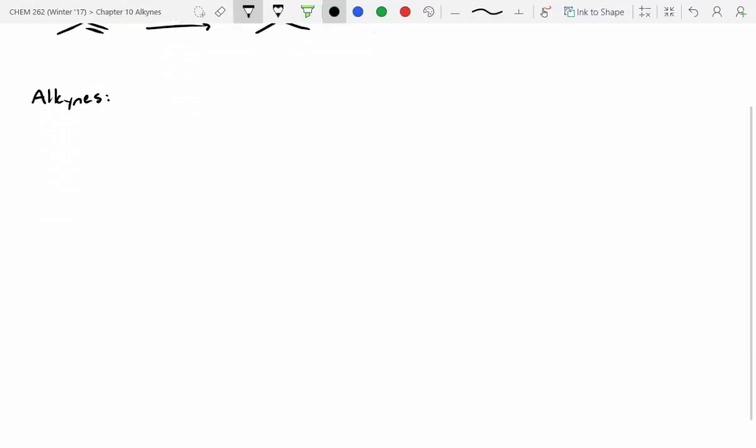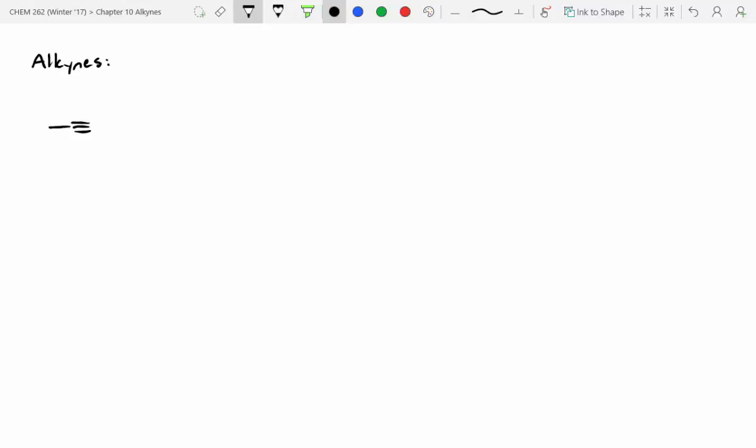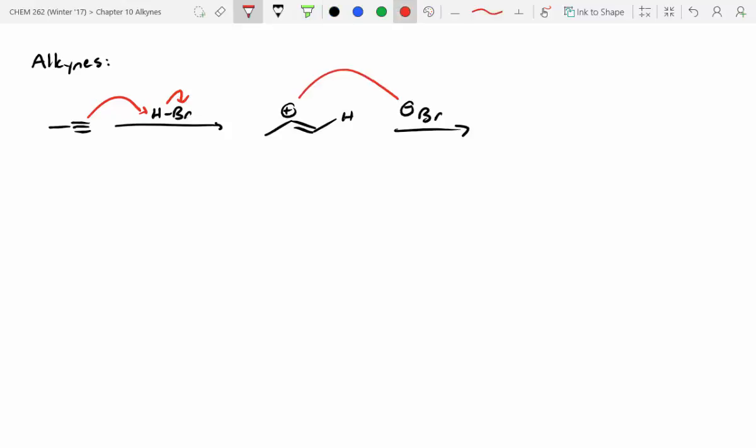It's similar with alkynes, however, there's a little bit of a trick. With alkynes, we can have this pi bond attack HBr. We could say we're going to attack this proton, kick off our bromine, and maybe we'll observe something like this, where bromide attacks back in, and we get our final product where our bromine is attached to an alkene.